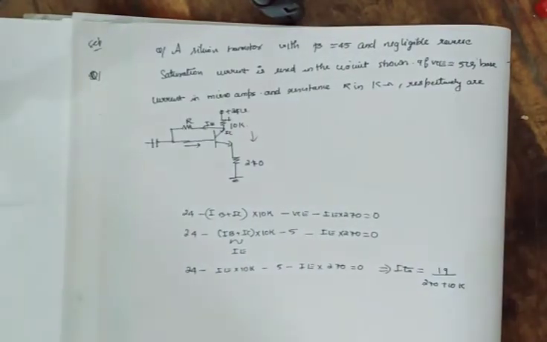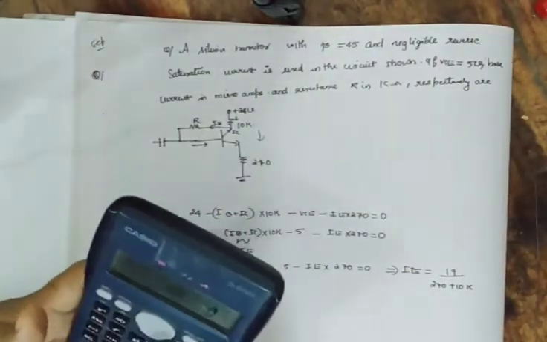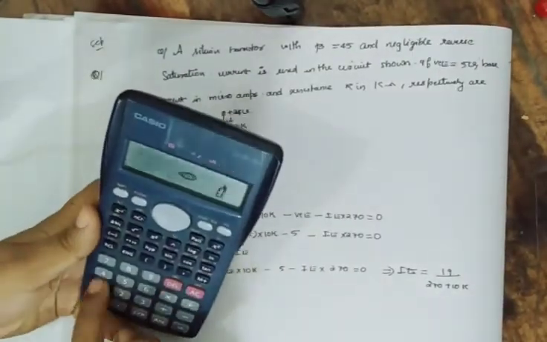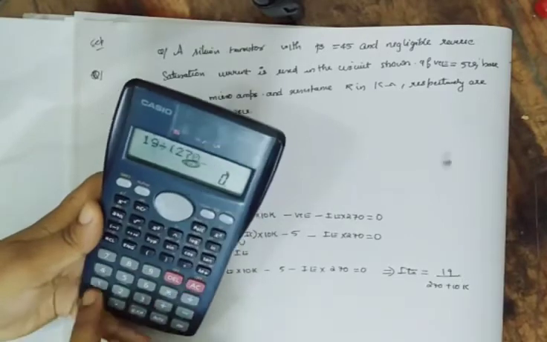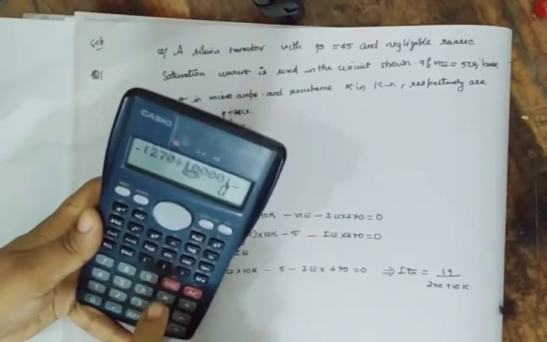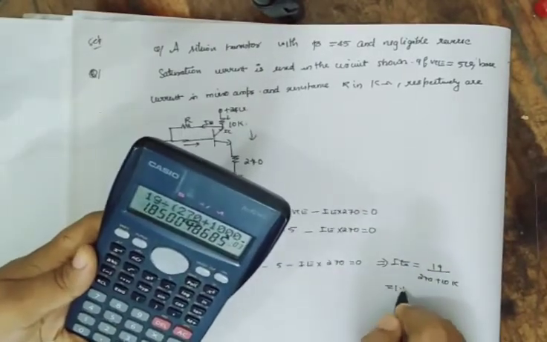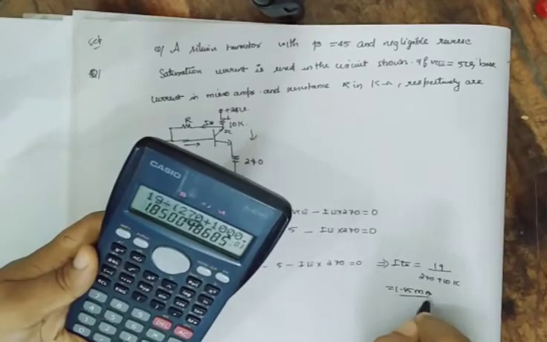Okay, so what is it? 19 divided by 270 plus 10K equal to 1.85 milliampere. So that is our IE.